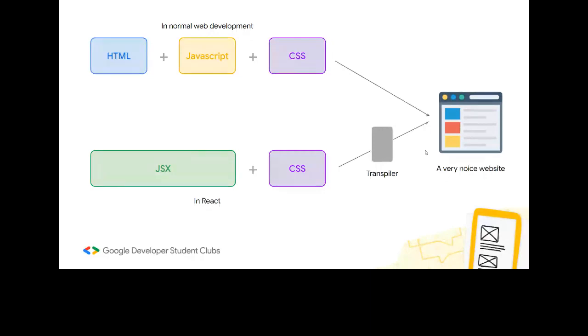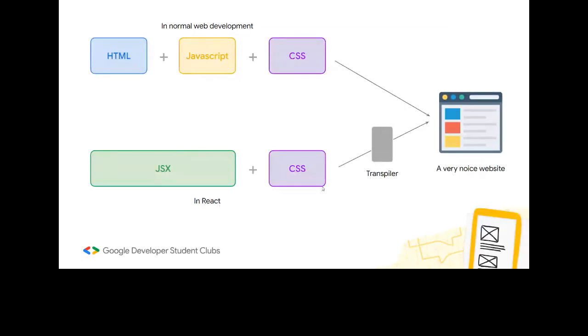So React basically uses these three main pillars of web development, except that in the case of React, instead of actually coding HTML and JavaScript in two different files, you just combine them into one file, and this is basically called JSX. For those who are interested, JSX is a short form for JavaScript extensible markup.